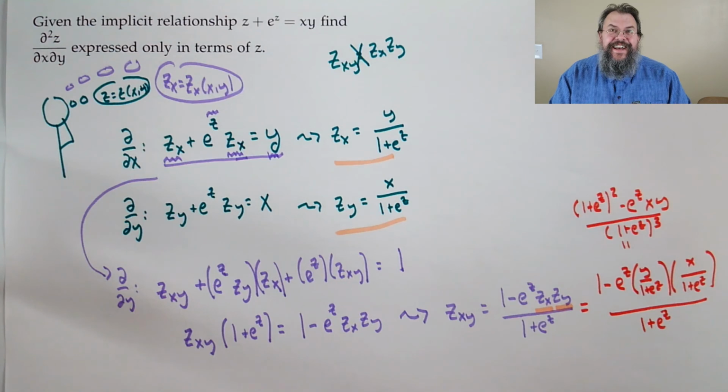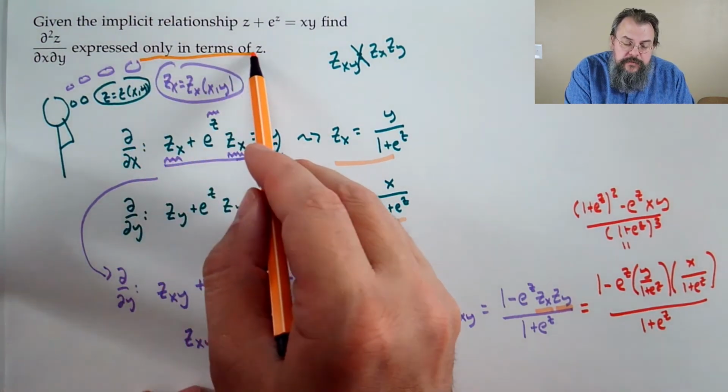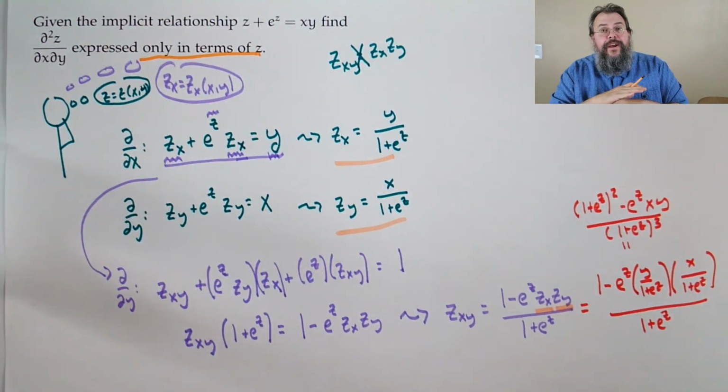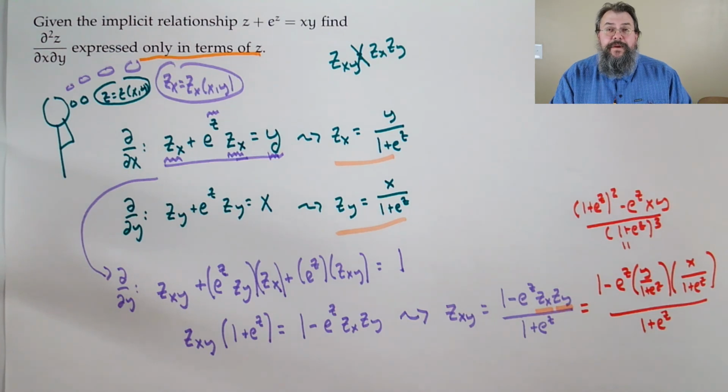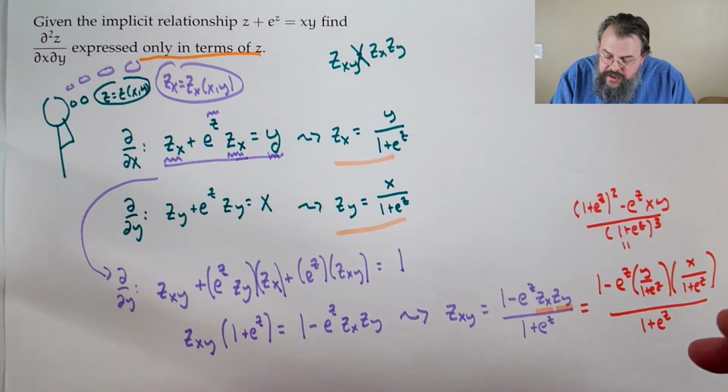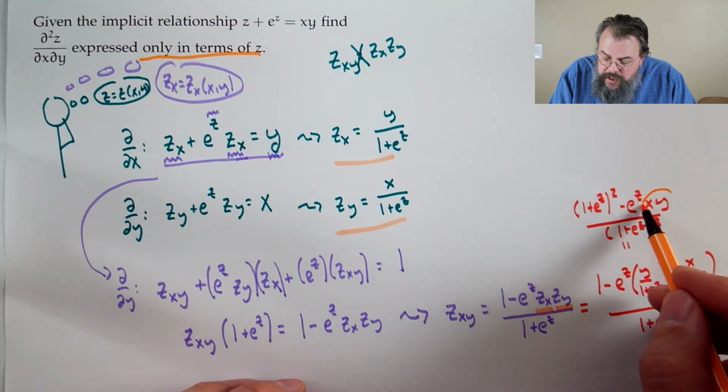What's wrong? Okay, what is wrong? Well, go back to the original problem. It says, hey, only in terms of z. Now, it's kind of rare that you can do this. So this is not like, oh, we'll always be able to do this. It's kind of a little bit of a special function. Now, what's our challenge? Our challenge is the x times y.